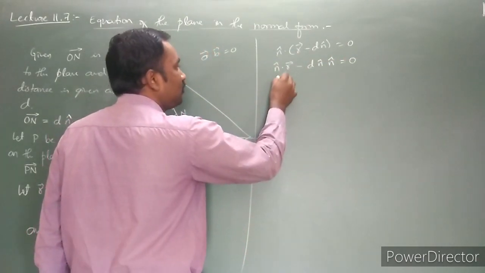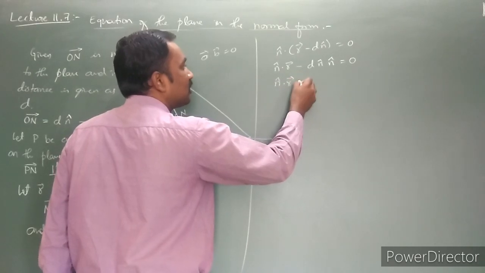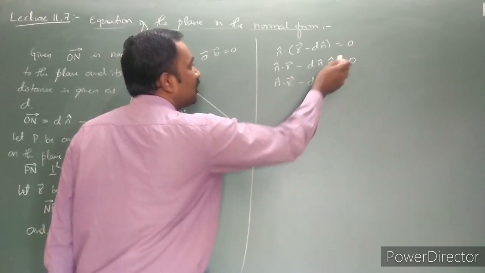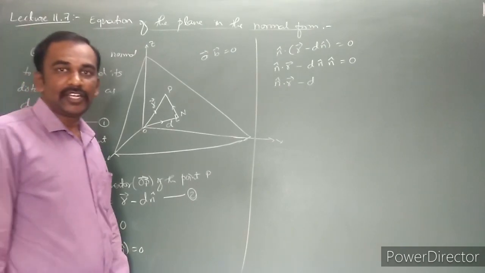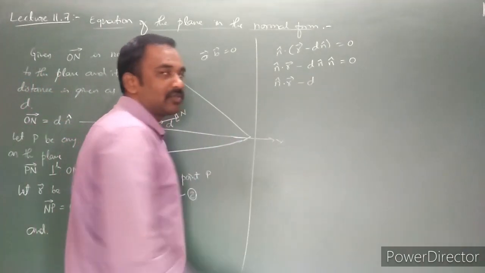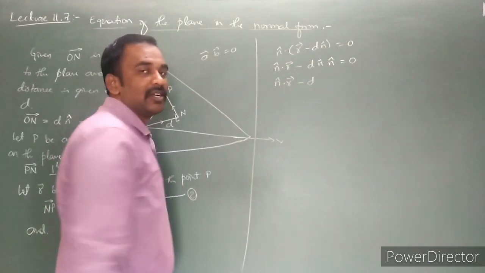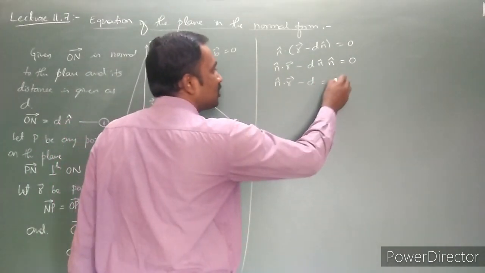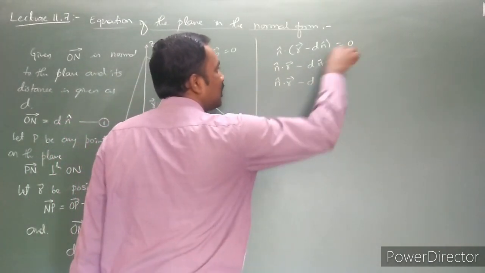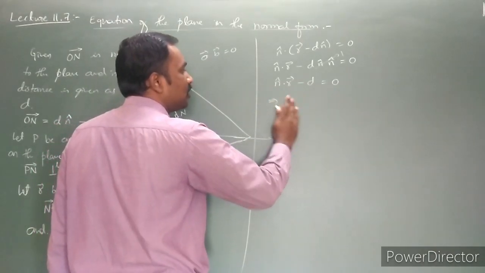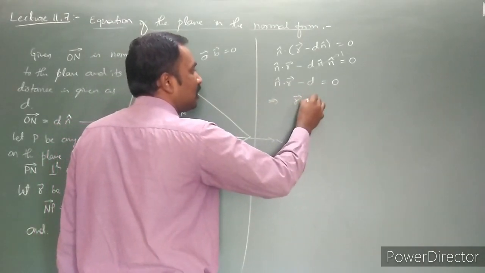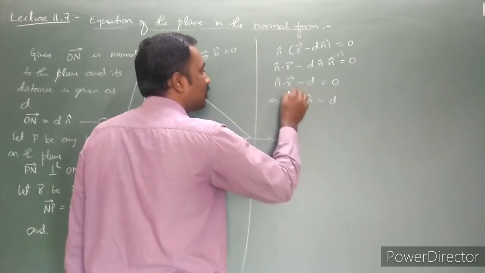The dot product of a unit vector with itself, a dot a, is equal to the magnitude squared, which is 1. Now this implies n cap dot r bar is equal to d.